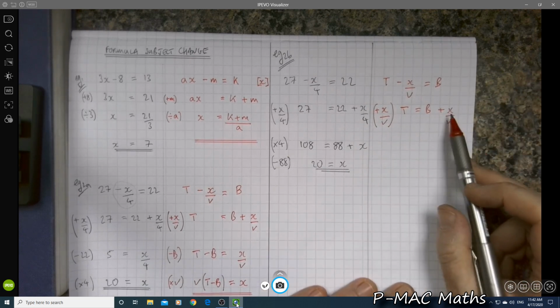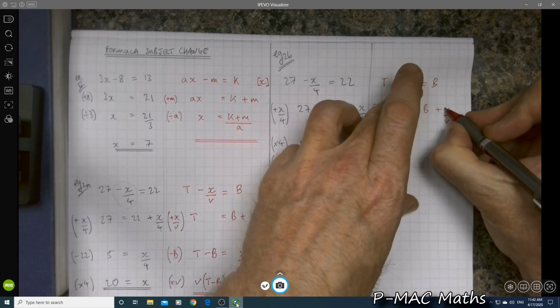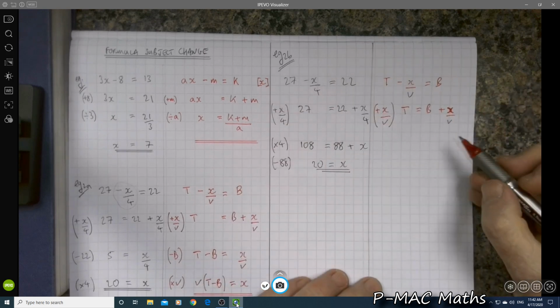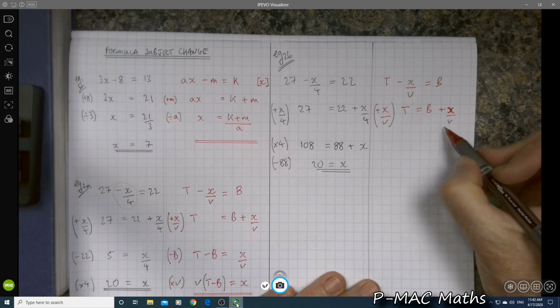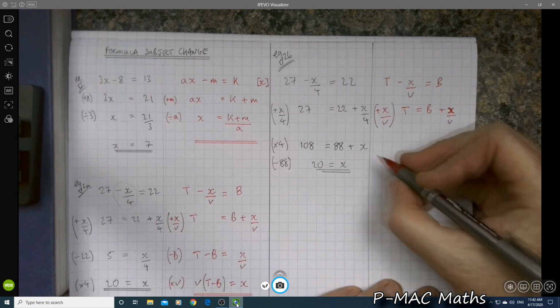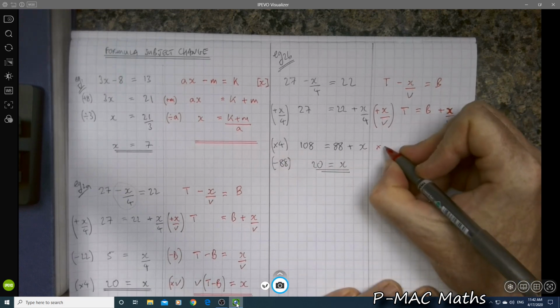And at this stage I might decide that the v dividing that x term is annoying me and I want to get rid of it. I want to clear the fractions, so I'm going to, in a parallel move, multiply through by v.